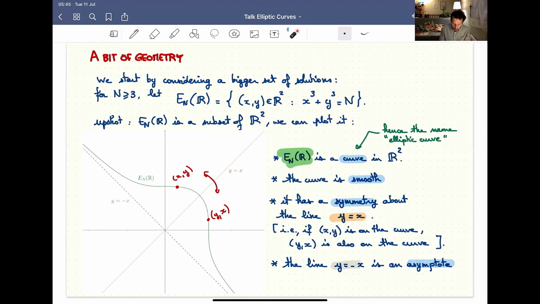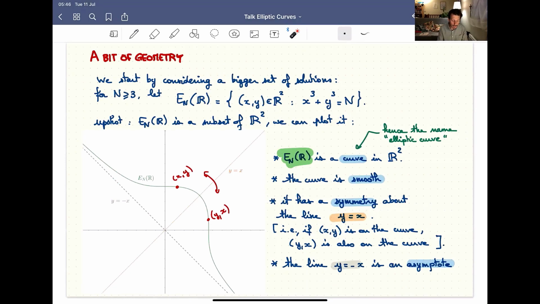And then one thing which maybe wasn't very clear before is that, as you can see, there's another line drawn on the picture. It's the line y equals minus x, and it's an asymptote to the curve. If you've never heard of this, it means that as y grows, so as you go north, I guess northwest, on the picture, the green curve grows closer and closer to this gray line, y equals minus x.